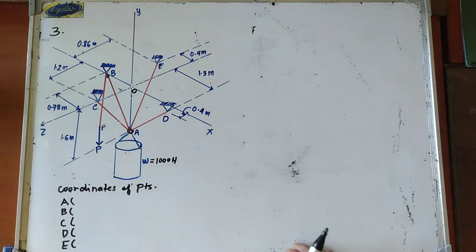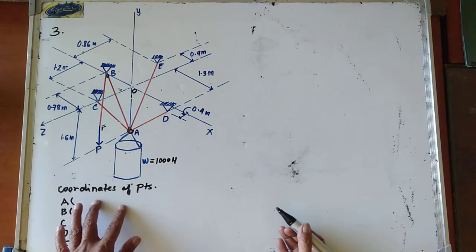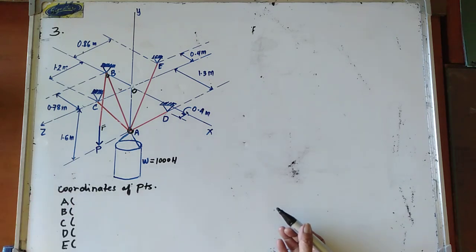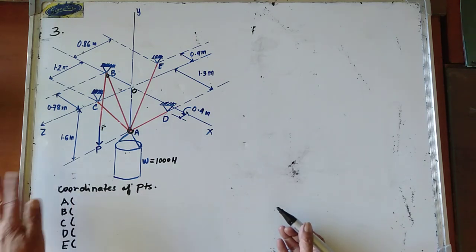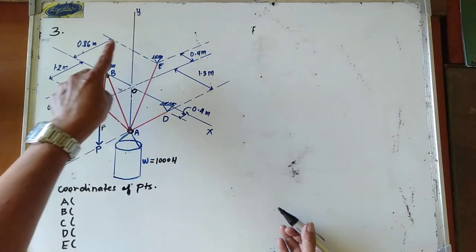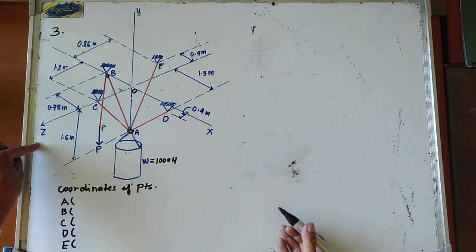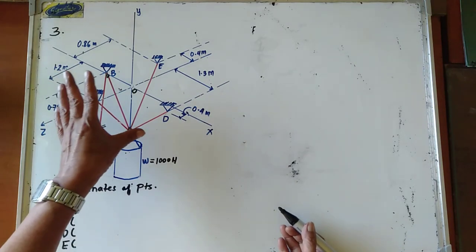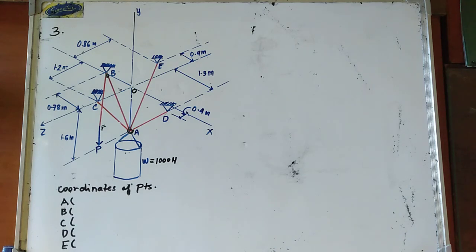Take note that whenever you are getting the coordinates of different points, you have to look at the orientation of the axes of the coordinate system.